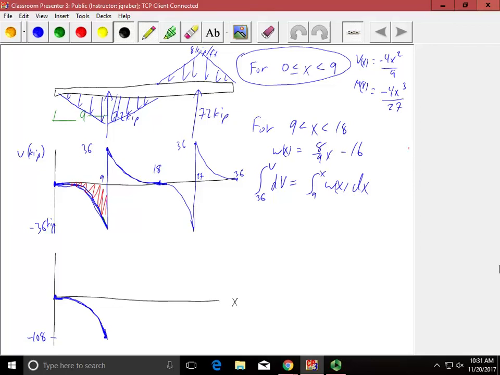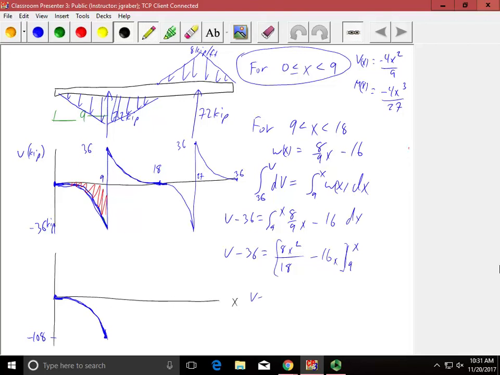Then we do this integration. We get v minus 36 on the left-hand side. That's going to be equal to the integral from 9 to x of wx, which is 8/9 x minus 16, dx. So shear minus 36 equals 8x squared over 18 minus 16x from 9 to x.